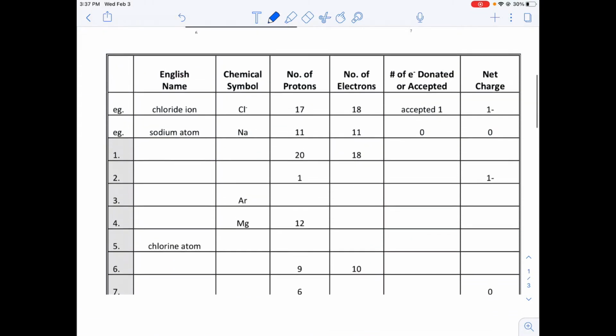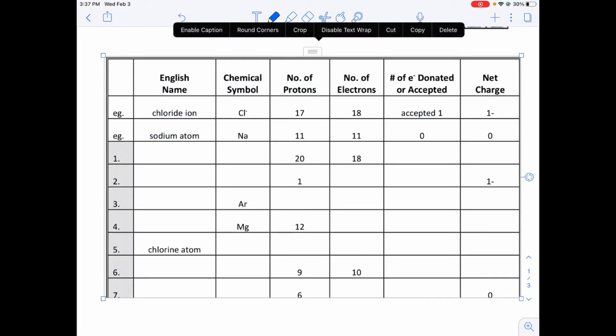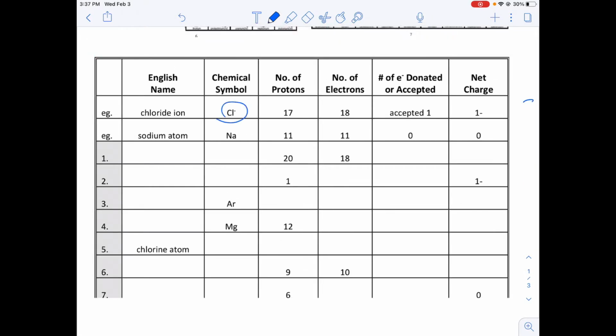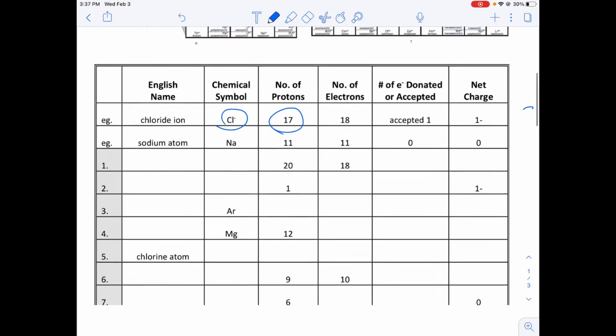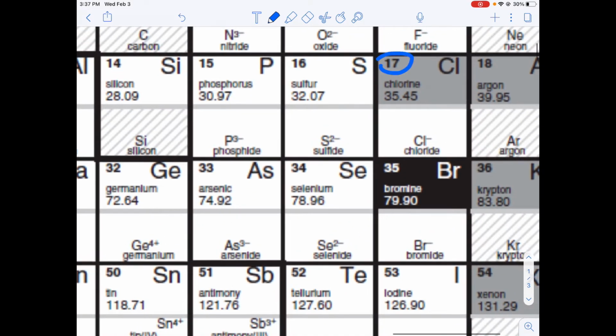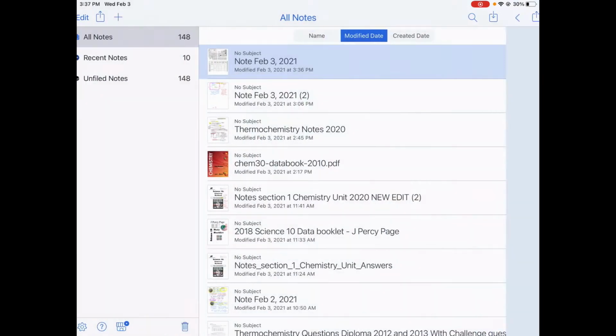Now, we're going to take a look at this table and see how we can fill this in. So the chloride ion has a 1 negative charge, and it's got 17 protons. The 17 protons come from the atomic number for chlorine.